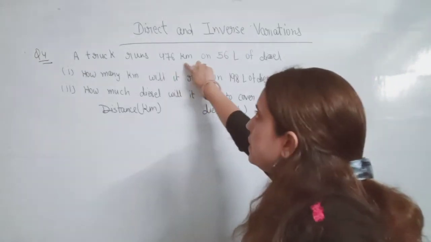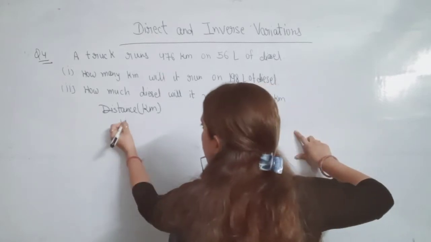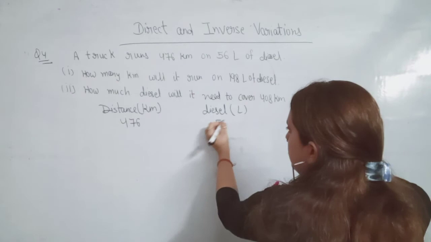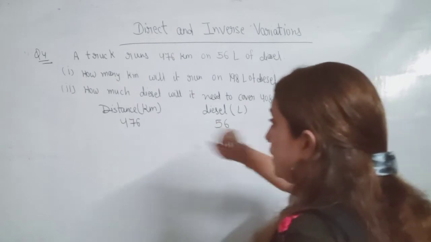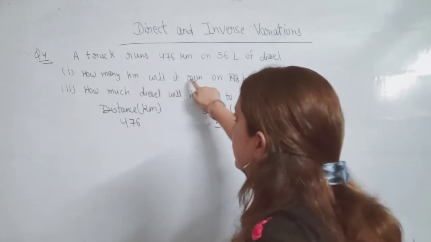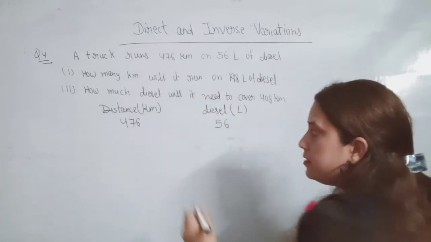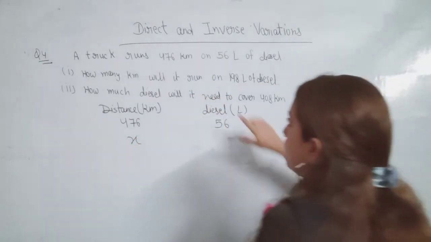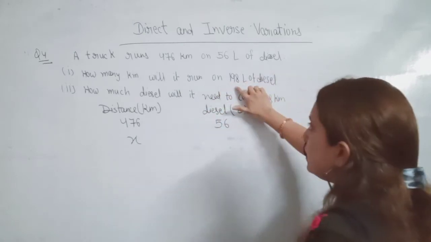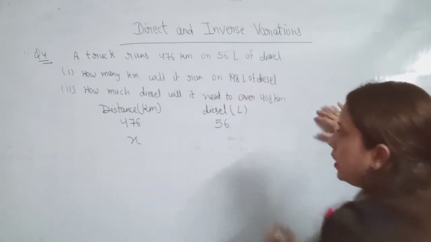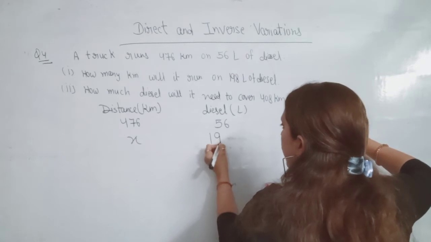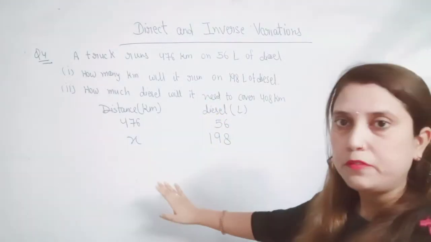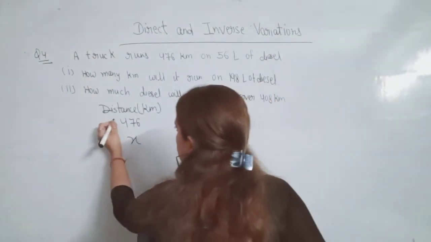Given 476 kilometers, 56 liters. Find how many kilometers it will run. So we let the distance be x kilometers, run on 198 liters of diesel. Okay, the diesel is given 198.